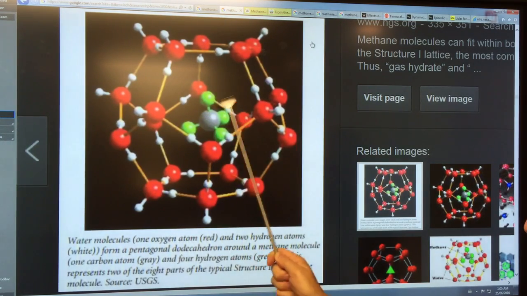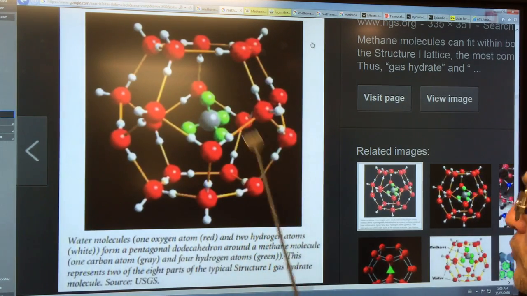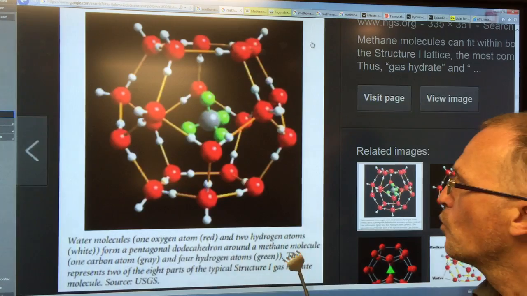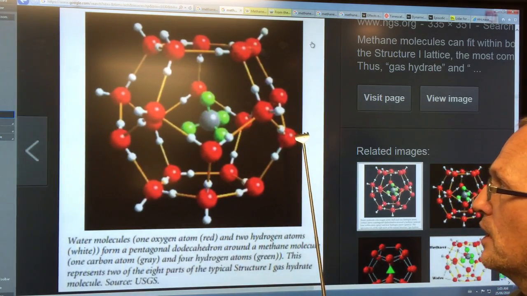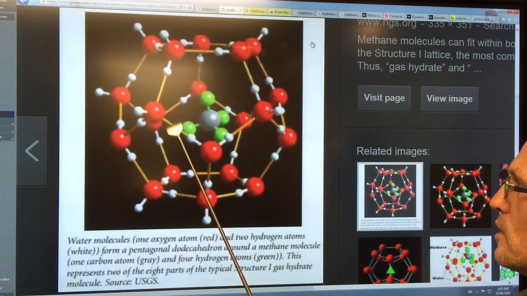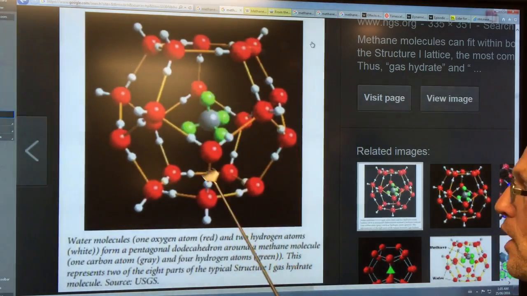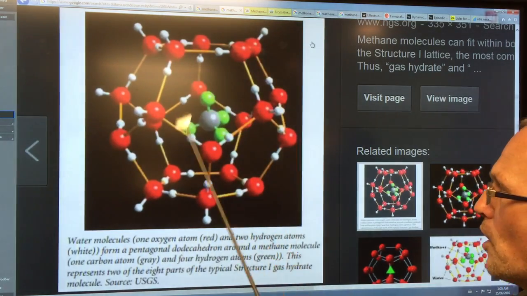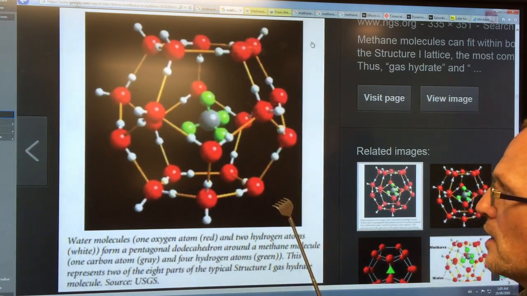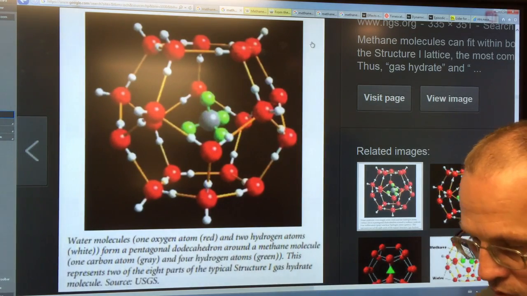Of course, as the temperature rises, or if the pressure is released, then the frozen lattice will thaw, and that will release the methane. And the volume of this material will expand about 164 times.